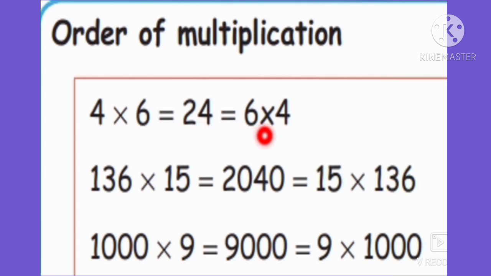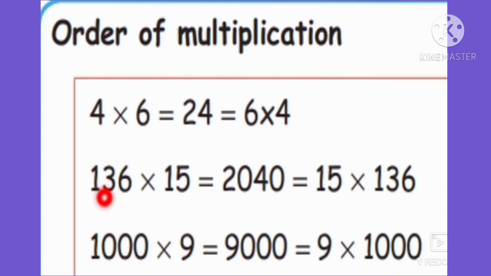If you multiply 6 into 4, again it gives the product 24. So the product of two numbers does not change if we interchange the order of numbers.